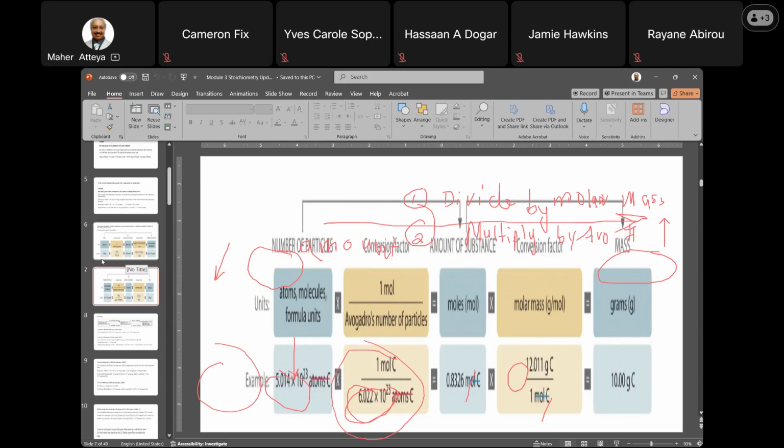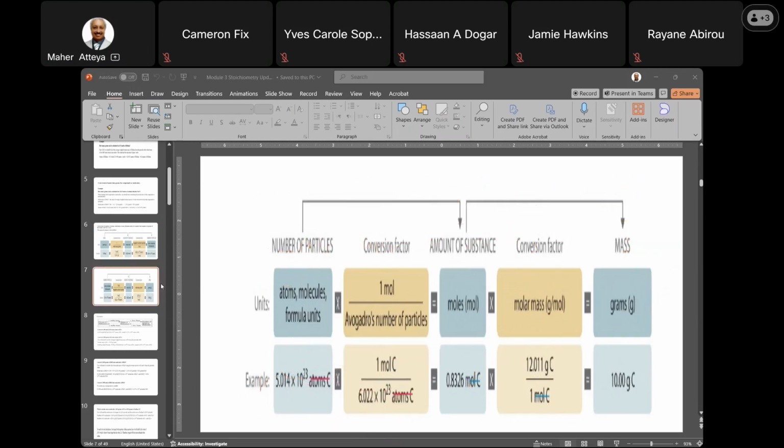I'm going from the larger number of molecules or atoms or ions to the small number, which is grams, correct? From large to small.